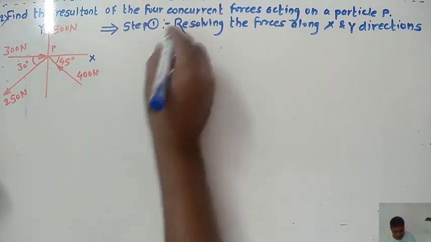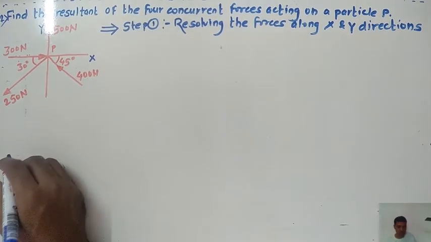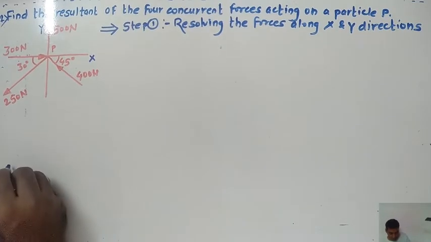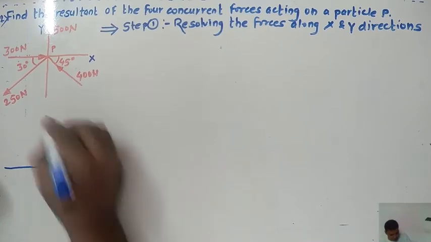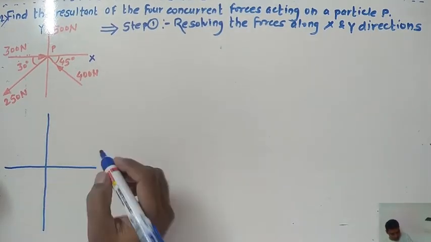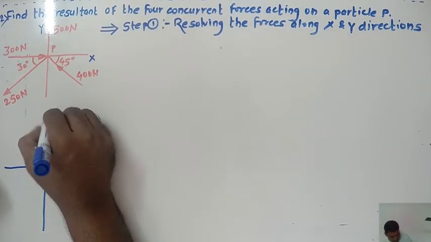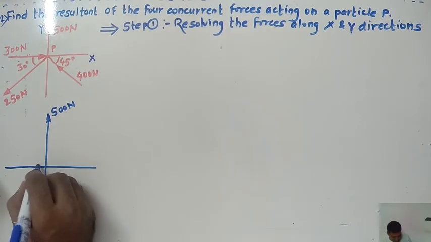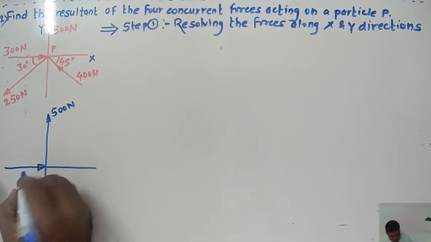I'll draw this diagram here so that I can get some space to solve the problem here. Okay, so I'll draw this diagram for the first step here. So in this way, the first one, the 500 Newton force, is already in the vertical direction. It is not necessary to resolve that force.